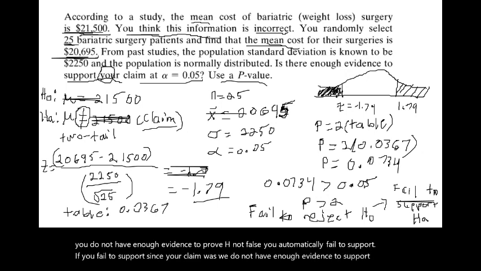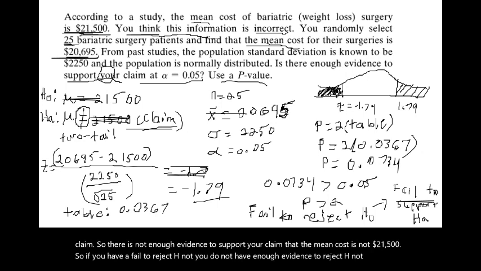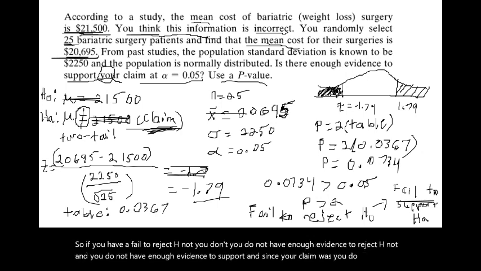So there is not enough evidence to support your claim that the mean cost is not $21,500. So if you have a fail to reject H naught, you do not have enough evidence to reject H naught, and you do not have enough evidence to support HA. And since your claim was HA, you do not have enough evidence to support your claim.